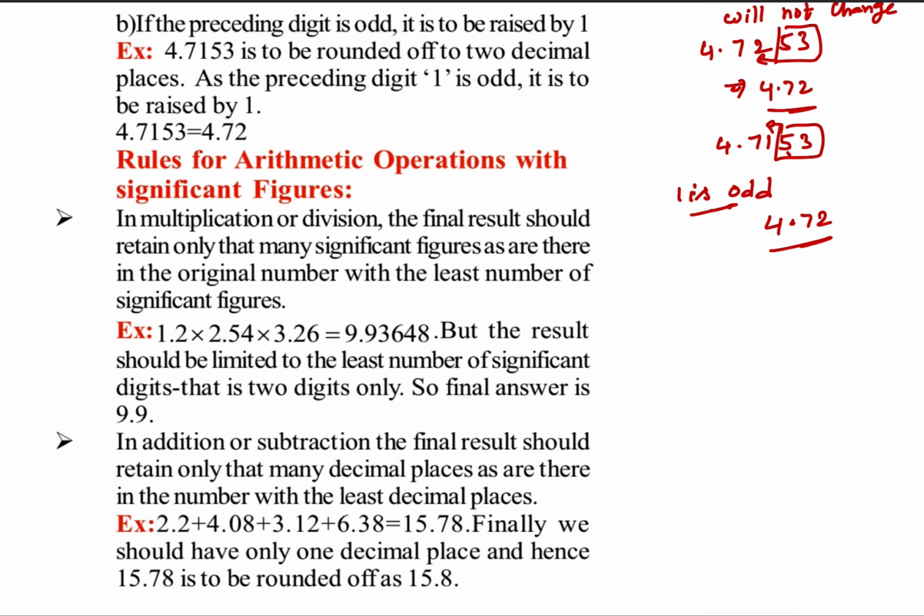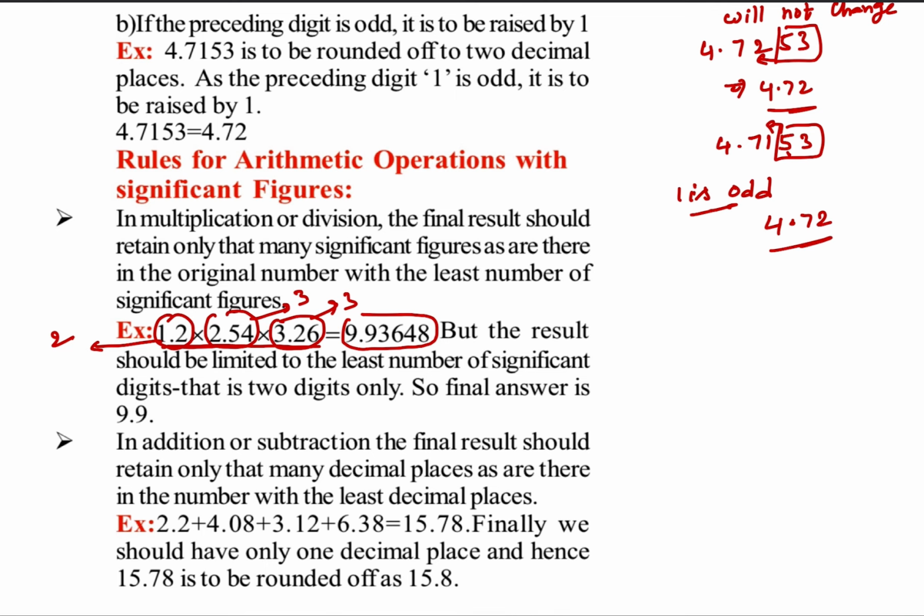Next one, rules for arithmetic operations with significant figures. This you have to keep in your mind while multiplying, subtracting, dividing, or adding measured values. Now while multiplying or dividing, in this first case we have to see the significant figures. 1.2 has 2 significant figures. In 2.54 we can see 3 significant figures, and in 3.26 we have 3 significant figures.